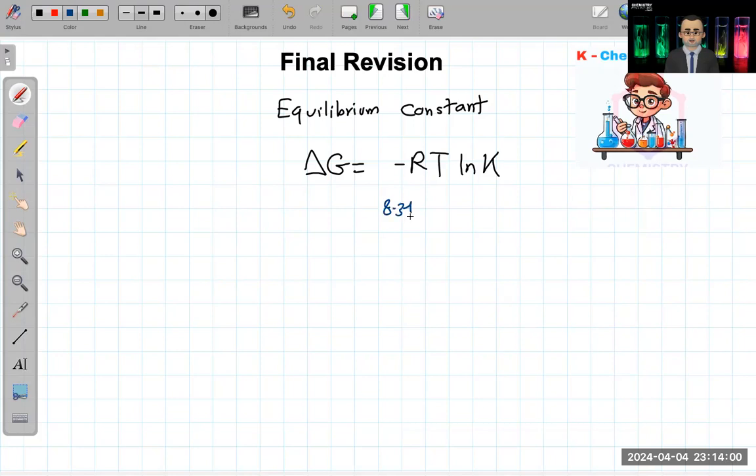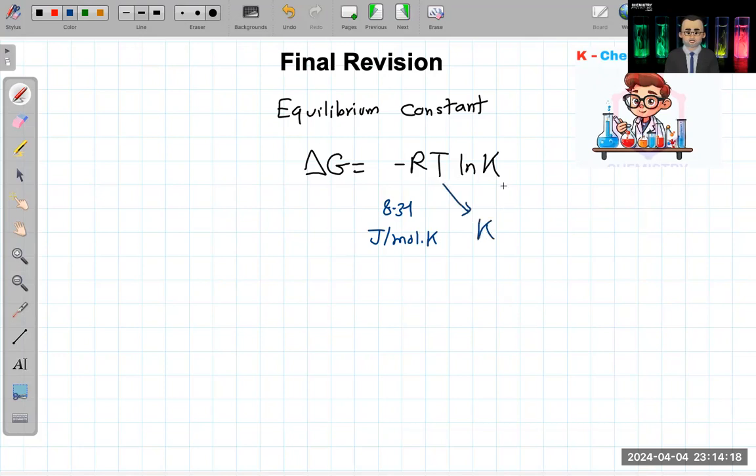This is the gas constant, 8.31 joule per mole Kelvin. And the temperature is the absolute temperature in Kelvin.